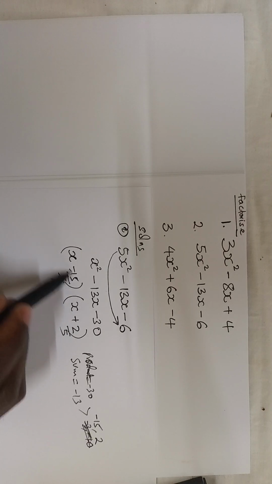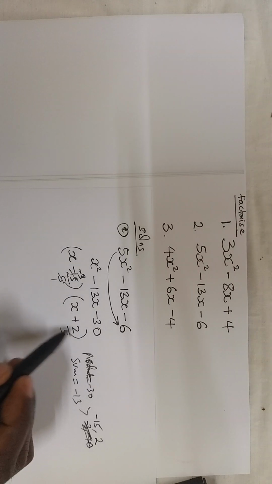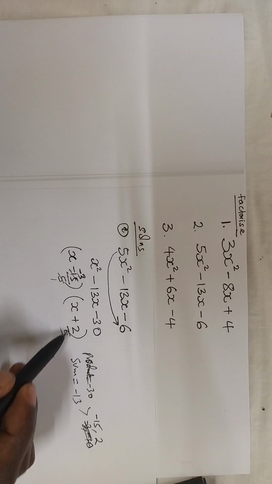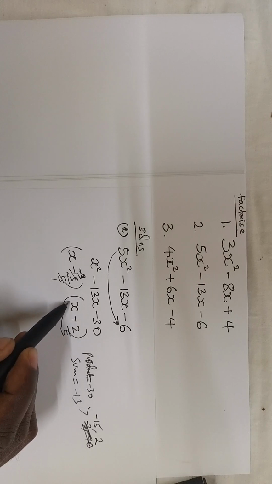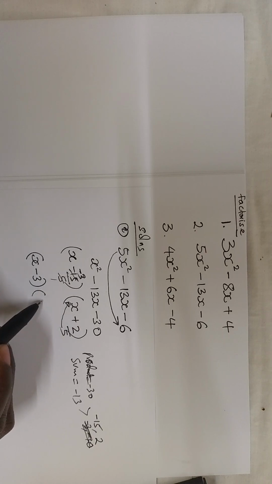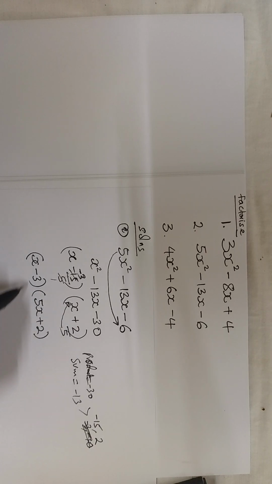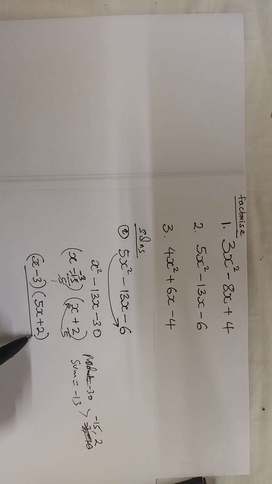So 2 by 5 stays, and negative 15 by 5 gives me negative 3. You see now that this one can be divided wholly, so I'll pick this 5 and bring it here to be the coefficient of x. So the final answer becomes x minus 3, and then here it shall be 5x plus 2. Good, so this now becomes the answer.